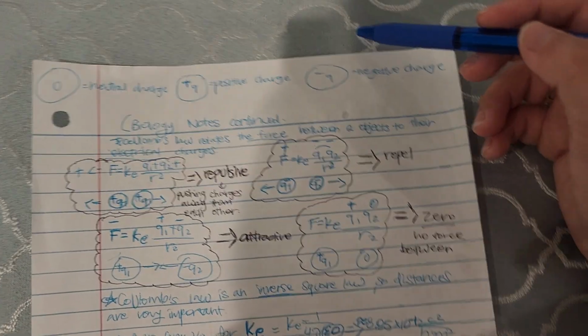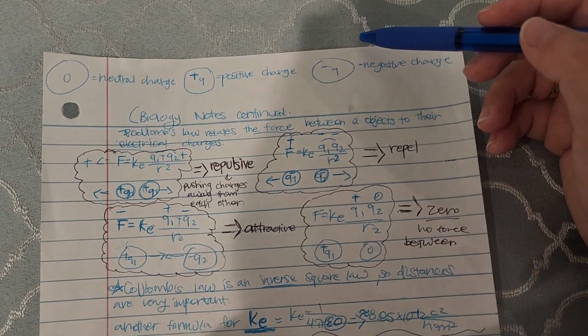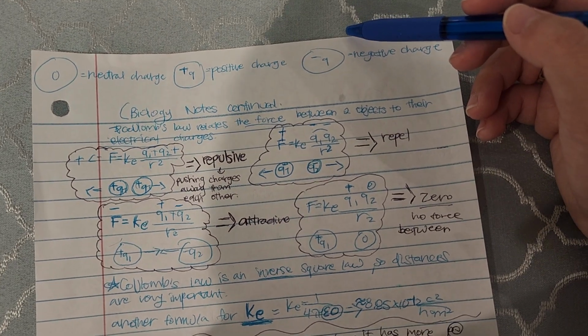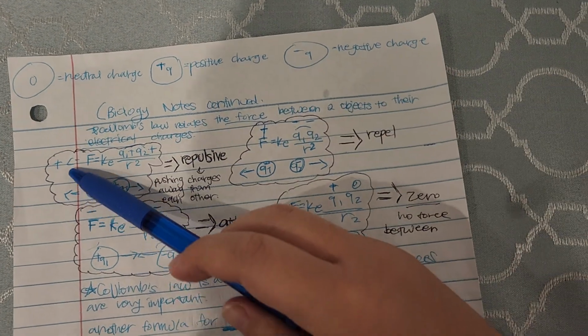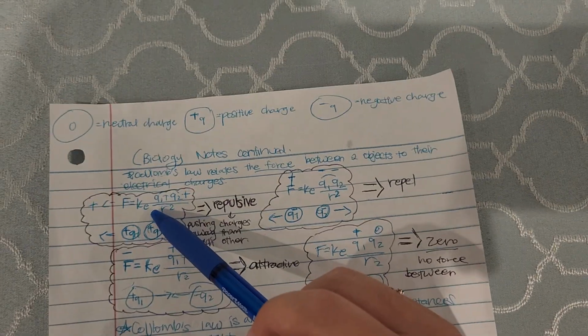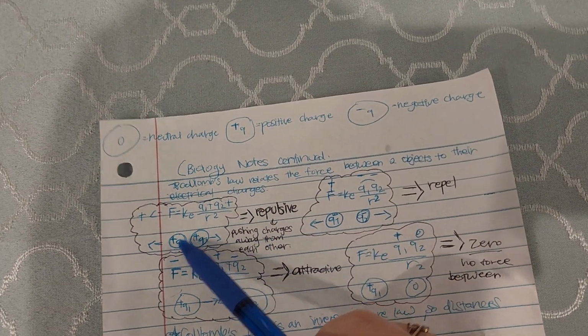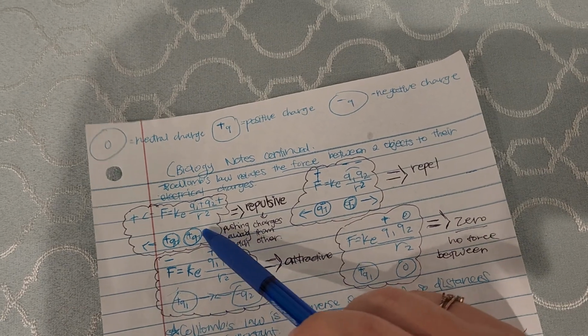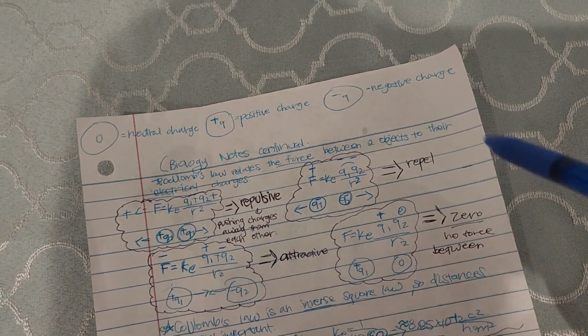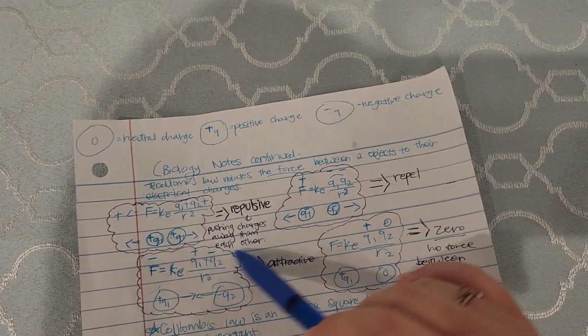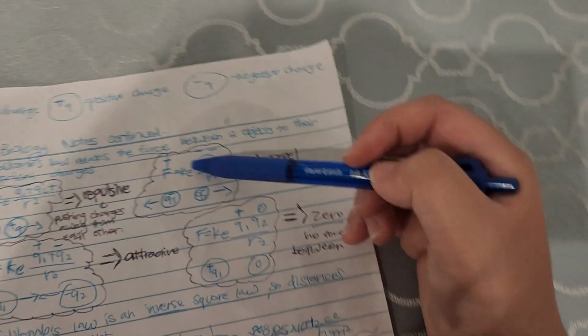Coulomb's law relates the force between two objects to their electrical charges. So F equals Ke Q1 Q2 over R squared, and if Q1 and Q2 are both positive, they repel. They are repulsive, meaning they're pushing charges away from each other, like I mentioned before.